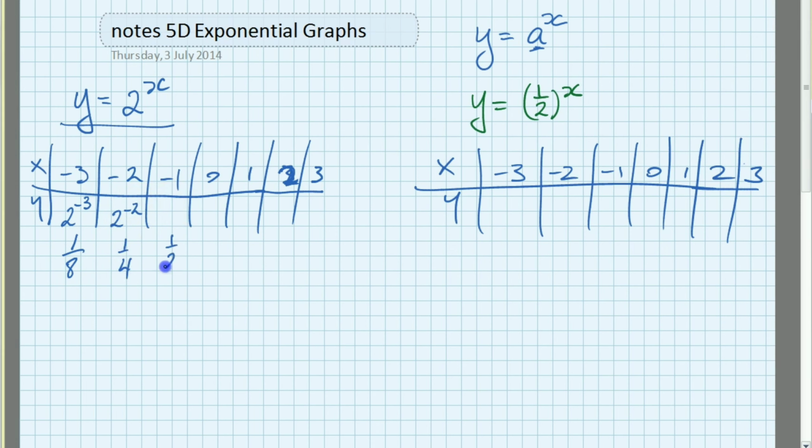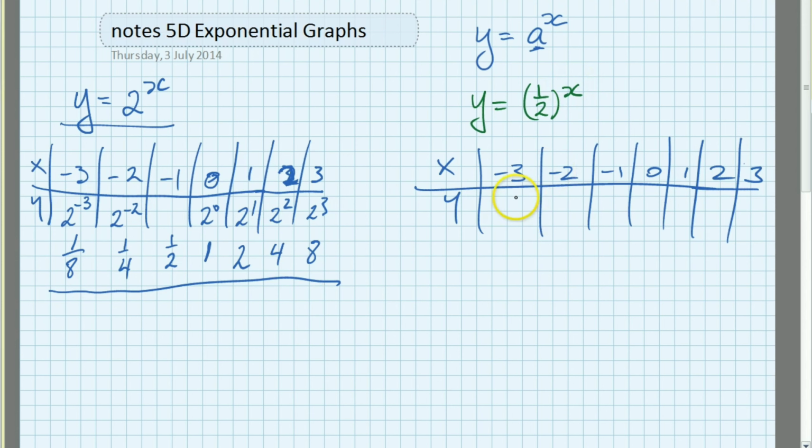Here we're going to get a half. 2 to the power of 0 is going to be 1, because any non-zero value to the power of 0 is 1. Here we're going to have 2 to the 1, which is of course 2, 2 squared, which is 4, and 2 cubed, which is 8. So these are the values that we need to graph.